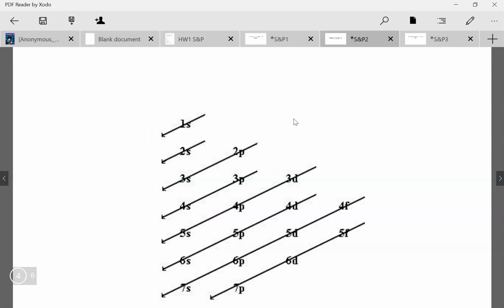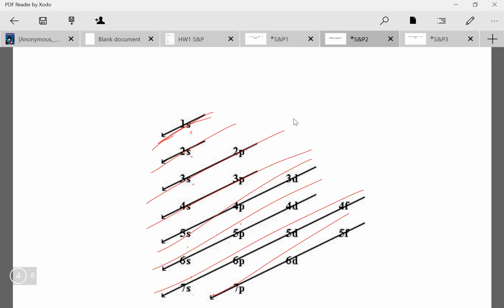This is another shortcut to remember. If you write the electronic configuration like 1s, 2s, 3s, 4s, 5s, 6s, 7s, 2p, 3d, 4f, and you draw arrows, this gives you the order in which these electrons are filled. So you start with 1s, then 2s, then 2p, 3s, 3p, 4s, 3d, 4p, 5s, 4d, 5p, 6s, 4f, 5d, 6p, etc. You get the idea.